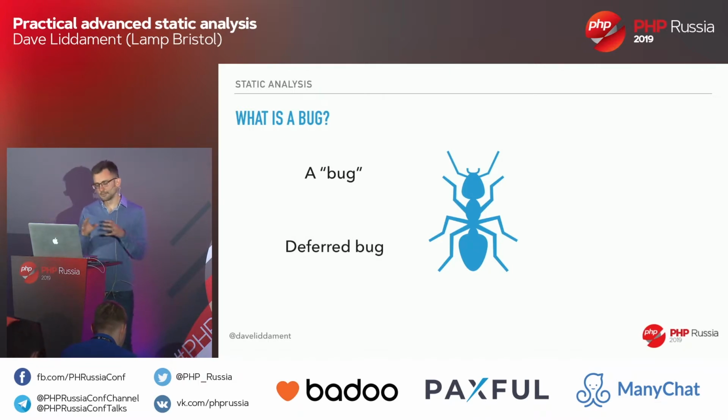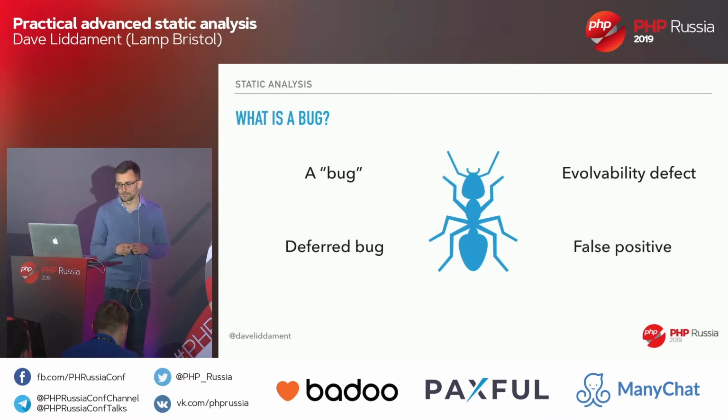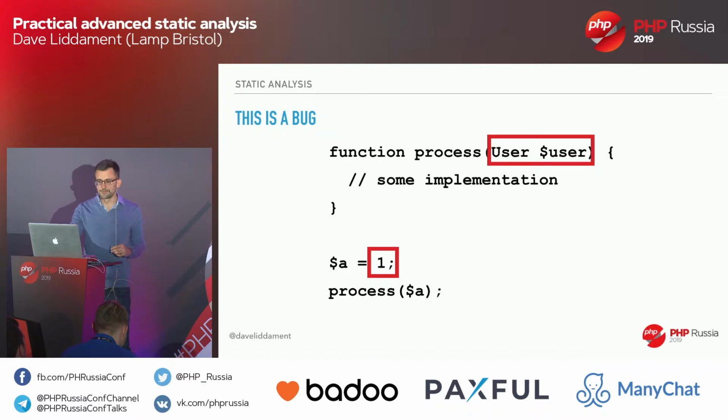It's not a bug now, but it could be a bug in the future. You've got evolvability defects. That's just a posh word for technical debt. And you also find false positives as well. So these are things that they report as bugs, but they're not actually bugs. So this is the example of a bug. We're passing in an integer to something that expects type user.